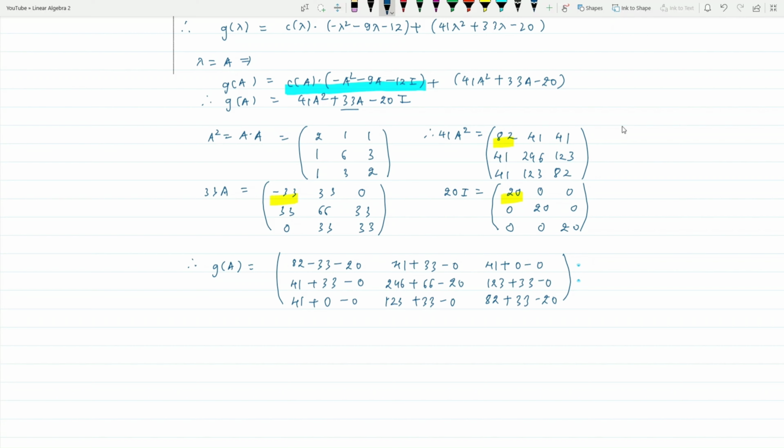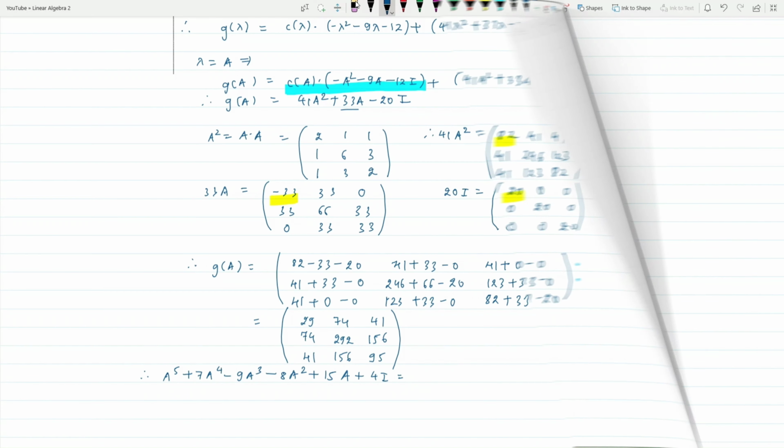And all this reduces to, thus we can conclude that A raised to 5 plus 7A raised to 4 minus 9A cube minus 8A square plus 15A plus 4 times I is equal to the 3 by 3 matrix which we have just obtained.